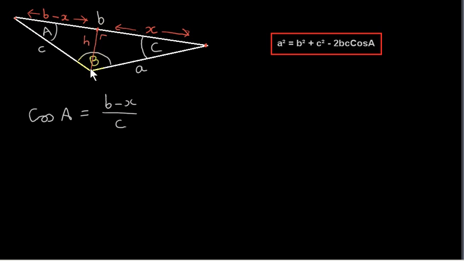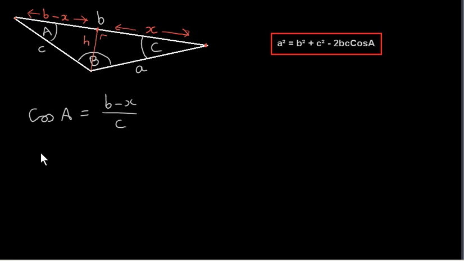Now, let's get the perpendicular height h in terms of the sides of this right-angled triangle. We don't want h to appear in the cosine rule, so we have to eliminate it some way. So let's first of all look at this right-angled triangle. We know from Pythagoras' theorem that the three sides are connected.